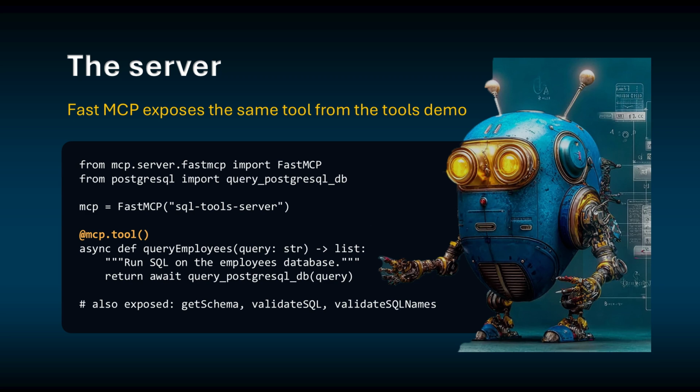And there is queryEmployees, which runs the query and returns the rows. Notice the decorator. Each function is marked with an mcp.tool, and that single line is what publishes it to the protocol. The body is the same code from the tools demo. We did not rewrite the tool. We simply gave it a doorway to the outside.